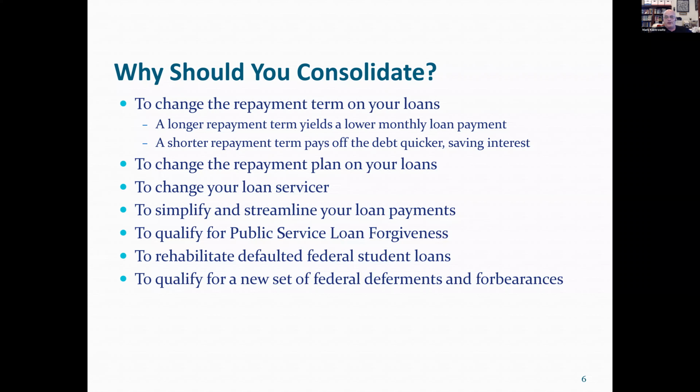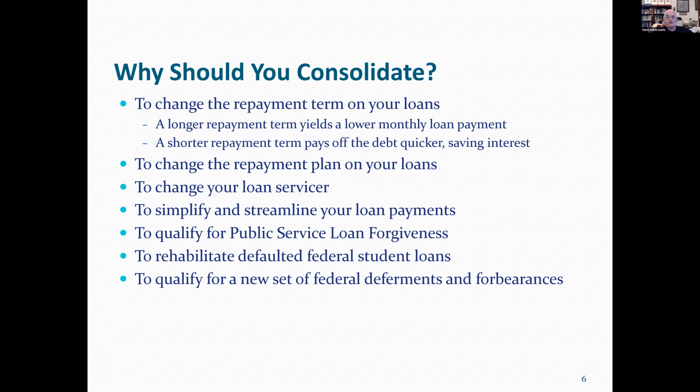For example, a $20,000 loan has a 20-year repayment term, $40,000 has a 25-year repayment term, and $60,000 has a 30-year term. Without consolidation, there is only one option for extended repayment, and that's for borrowers who have at least $30,000 in federal student loan debt. They get a 25-year term. You don't see a lot of this information coming out of the U.S. Department of Education, but that's what the law says.